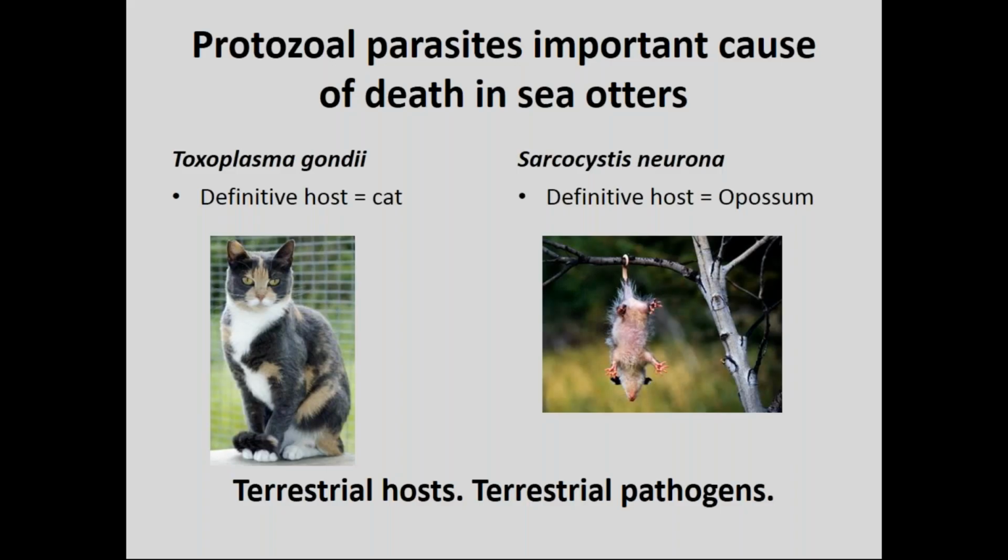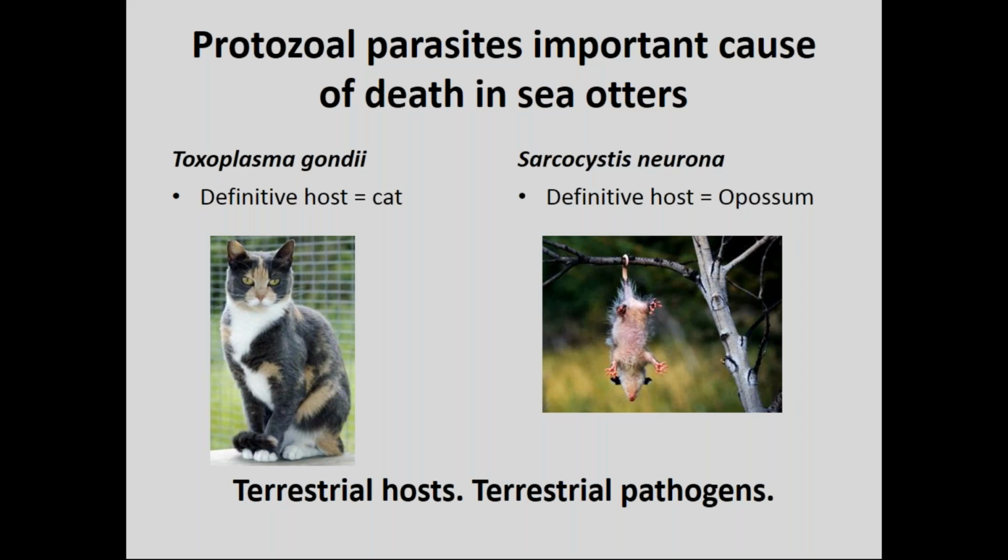You're probably familiar with Toxoplasma, but the other parasite that is causing severe disease in sea otters is Sarcocystis neurona. Interestingly, for both of these parasites, they have only one definitive host. A definitive host is the host in which sexual reproduction occurs, resulting in excretion of the environmental form.